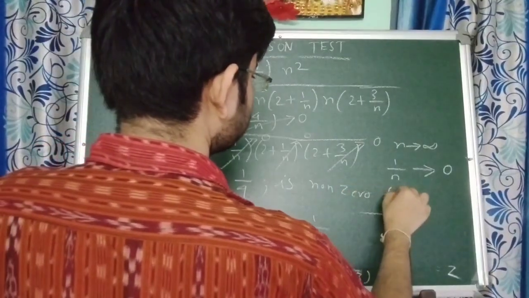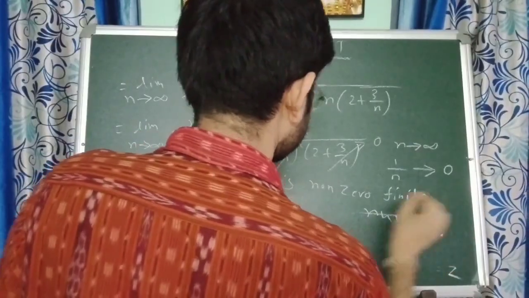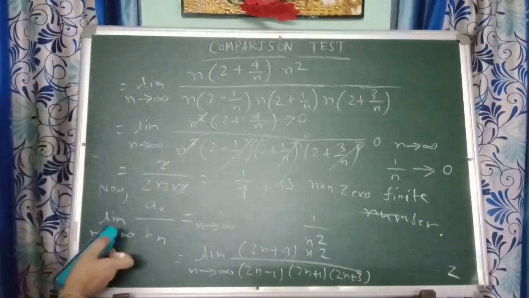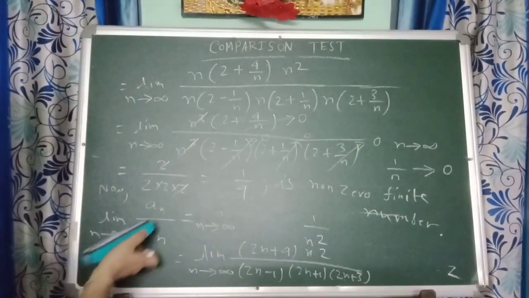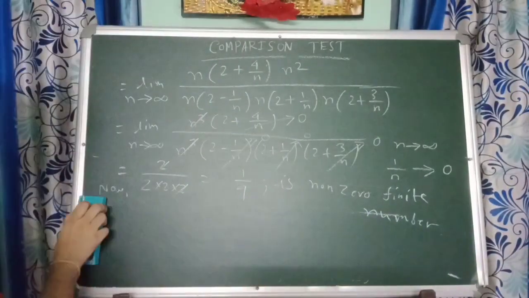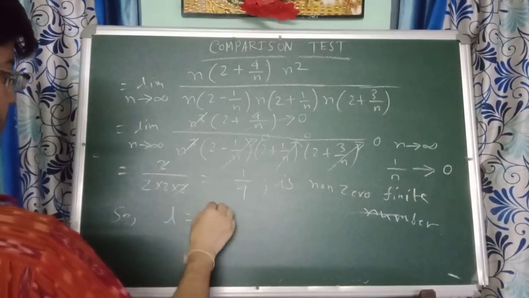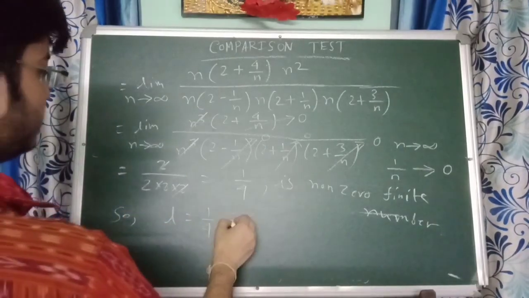Which is a non-zero finite number, and the limit n tending to infinity of an by bn is L. So L becomes 1 by 4, which is a non-zero finite quantity.